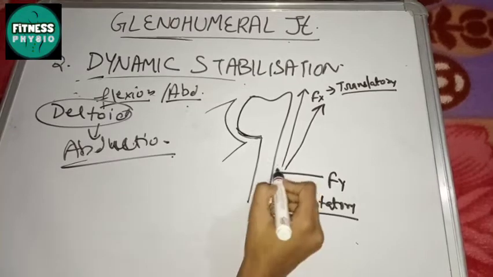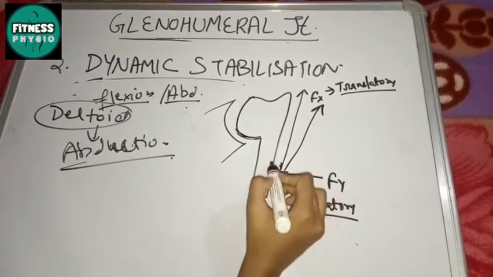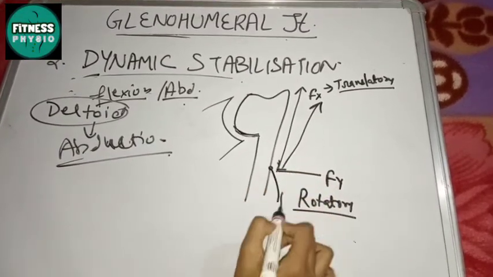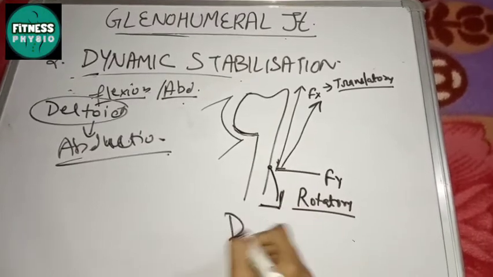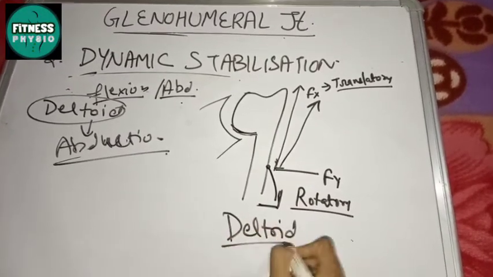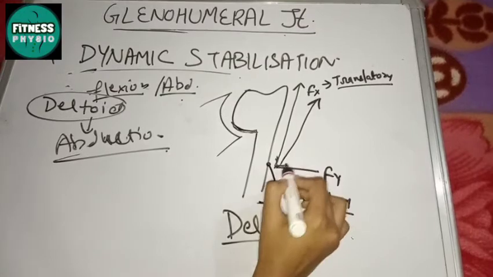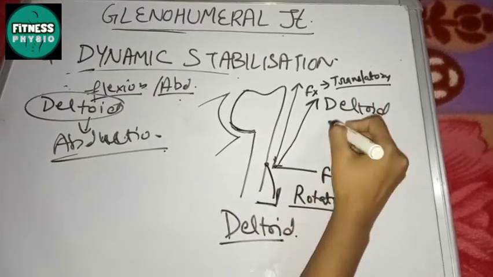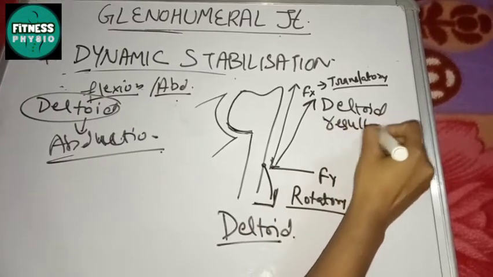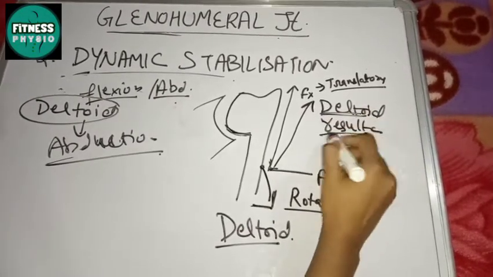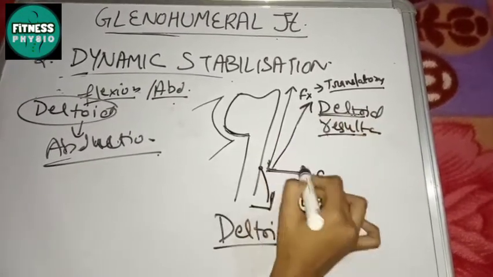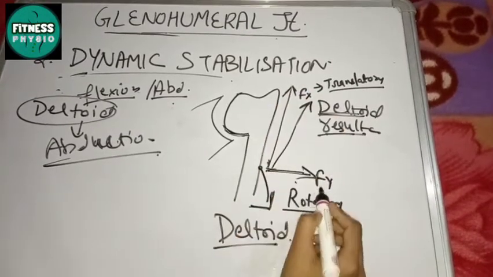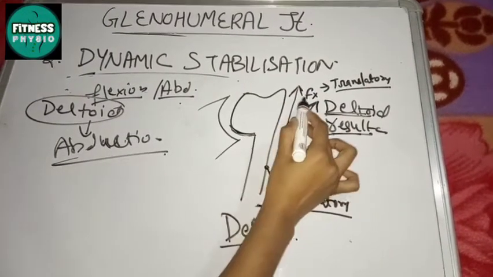Here is your deltoid muscle, inserted in the deltoid tuberosity of the humerus. This is the deltoid resultant. This deltoid muscle resultant is divided into two components, fy and fx.